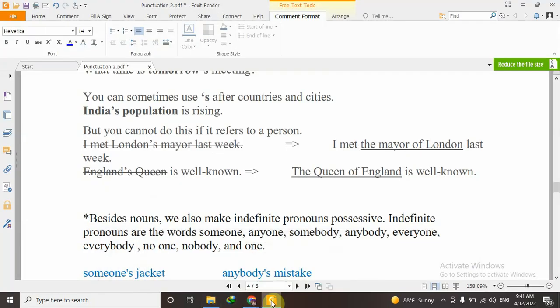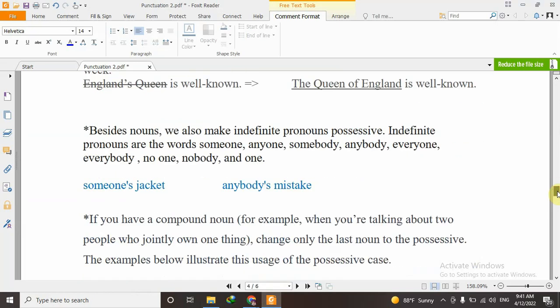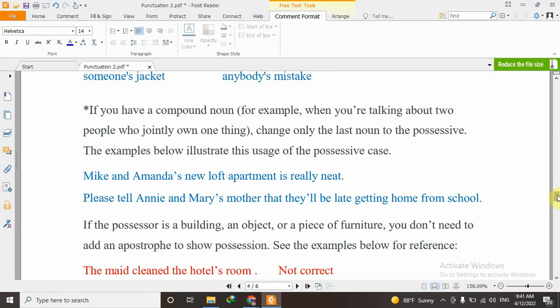Now, we come to compound nouns. If you are talking about two people who jointly own one thing, for example, my brother and my sister, both of them are owning the one thing.